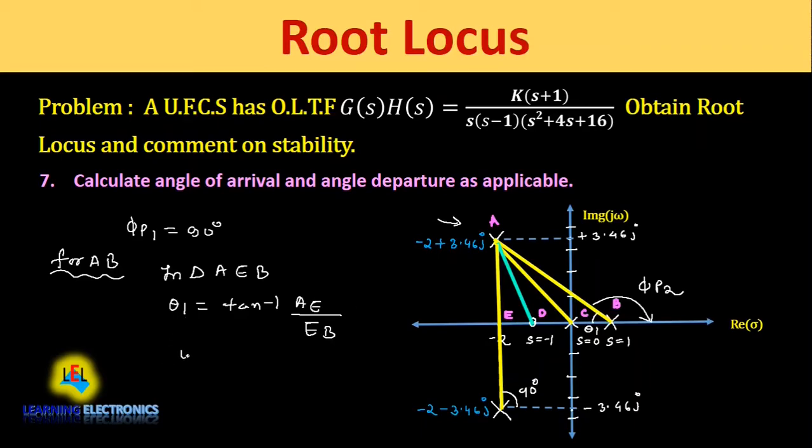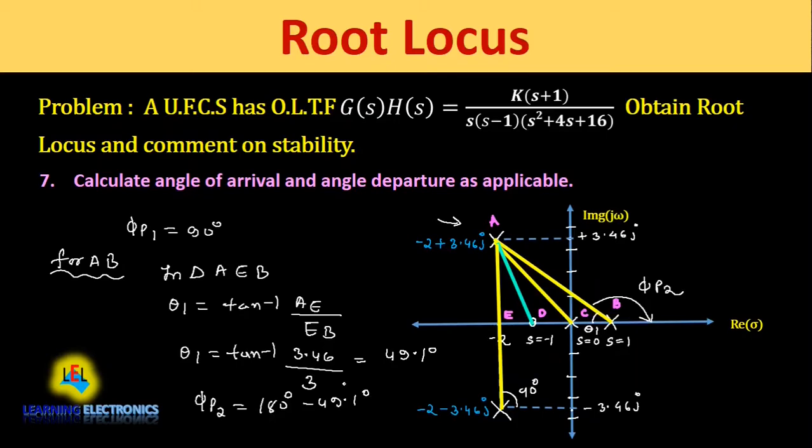So we will get theta1 is equal to tan inverse of AE, which is 3.46, divided by EB. We have to find out EB. So magnitude we have to take: this is 1, this is 2 and this is 3. So total 3 will be the divisor here. So we will get theta1 is equal to 49.1 degree. Now we have to find out this phi P2 angle, which is equal to 180 degree minus this 49.1 degree.